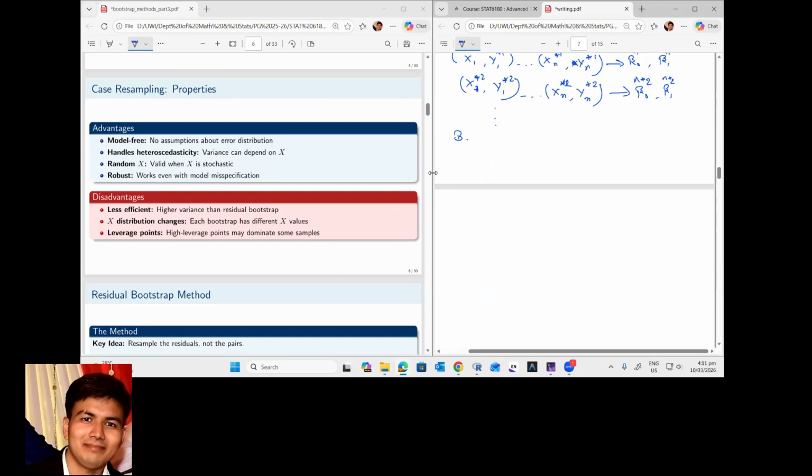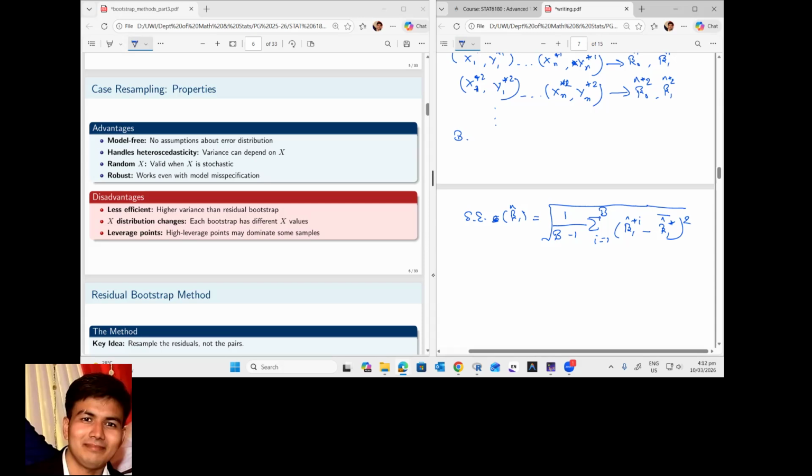For the bootstrap standard error, the formula is: the bootstrap standard error of beta 1 cap equals the square root of 1 upon B minus 1, summation over i goes from 1 to capital B, of beta 1 cap star i minus beta 1 cap star bar, whole squared.